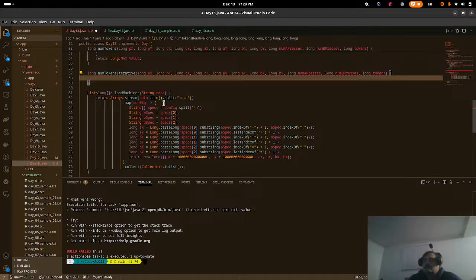So if we're at the target at 0, if we've gone negative, we've gone too far, it's impossible, so we return infinity, and otherwise try pressing button A, in which case you return X minus AX, Y minus AY, at a cost of 3, or try pressing button B, in which case you target X minus BX, Y minus BY, at a cost of 1.